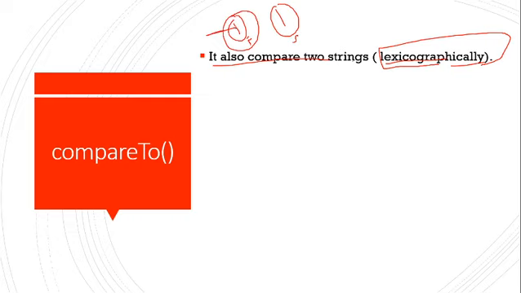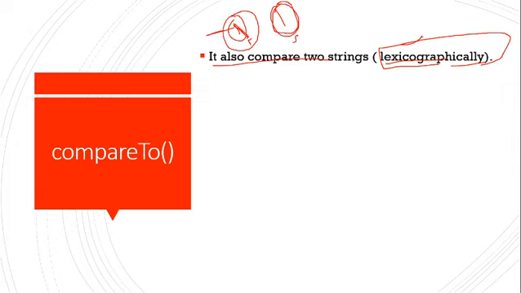In your book it is given as ASCII code, but we know that Java is based on Unicode, so first it converts into Unicode, and again the first character of the other string is converted into Unicode, and it compares. That's why we call it lexicographical. Lexicographically means it will compare the values.